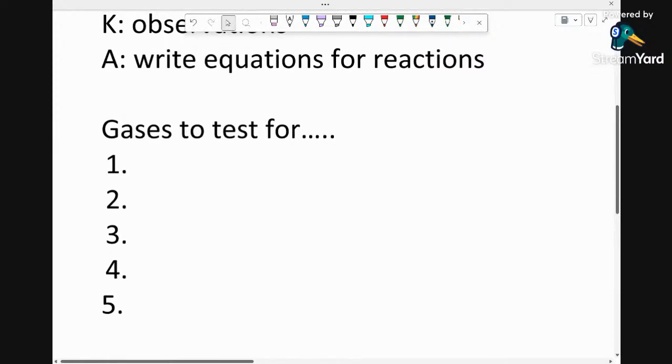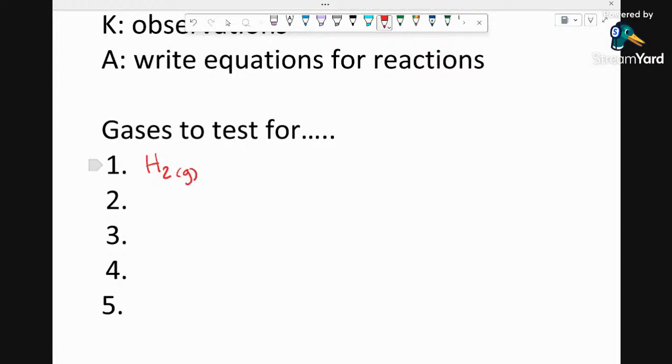Okay, so what are the gases that we need to know? The first one worth starting with is hydrogen. Notice I'm giving the formula, but I'll also give the name as well. So hydrogen gas, very reasonable. We need to know oxygen gas. Yay, GCSE, absolutely as normal.